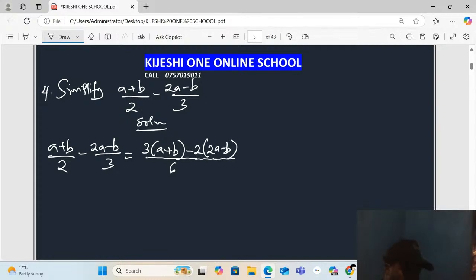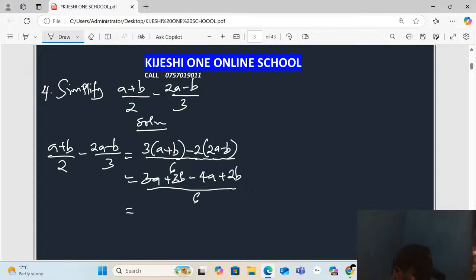Now multiply. That will give us 3a plus 3b minus 4a plus 2b over 6.